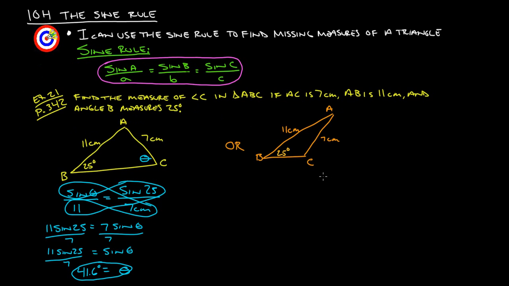But it looks significantly different, because instead of going this way, the triangle ends up going down in here. These measurements are all still true, so this is what you call the ambiguous case, meaning it could be this triangle or it could be that triangle. We don't know, so we're going to solve both of these.